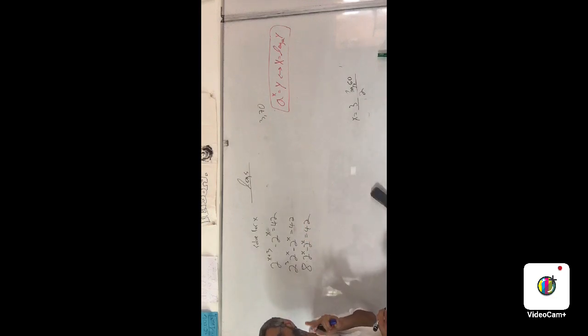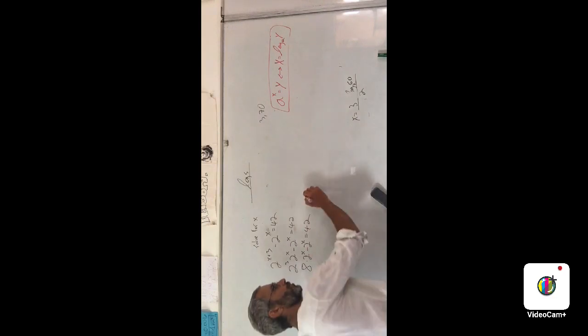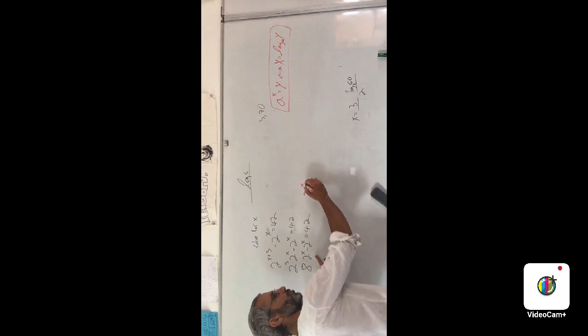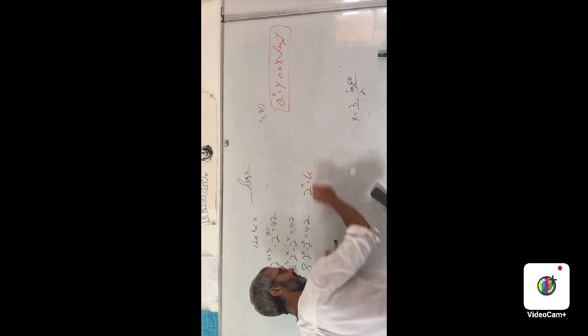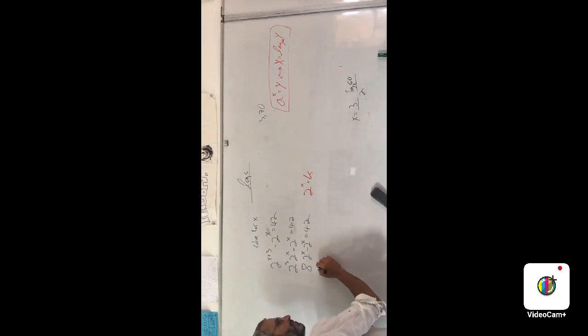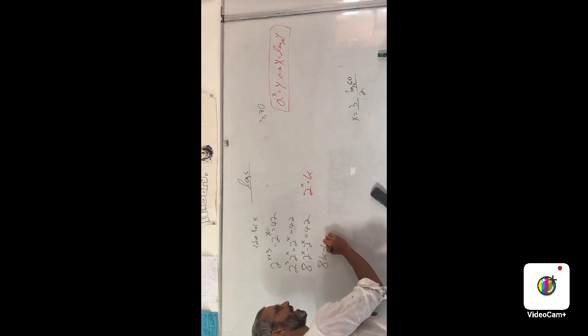There's a couple of ways of doing it. You can take a common factor out, or you can use what we call the K method. I think you guys like the K method. So we're going to write 2 to the power x, that's the thing I'm working with, and we call it K. Alright? So what do I have here? I've got 8k minus k equals 42.